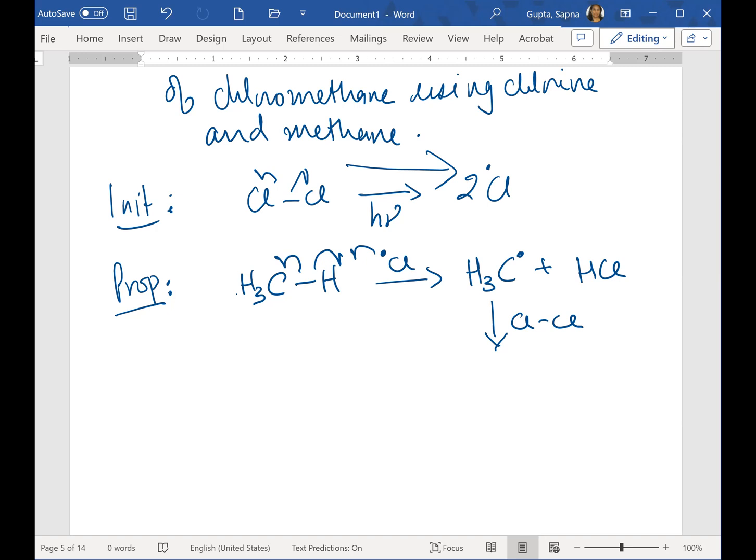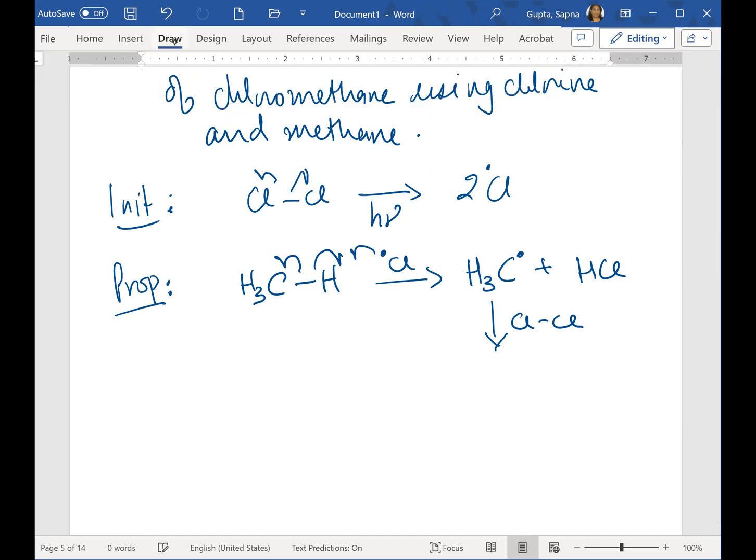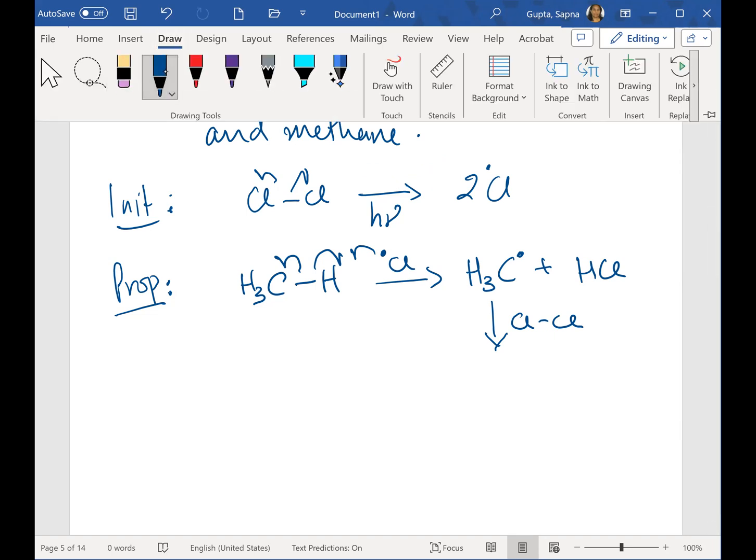Now the chlorine is going to become even more radicals, provided that you keep the light on. Provided that you keep the energy on, you're still going to get more radicals. And you need that energy anyway to do this reaction, so that is definitely going to be there until you're done with the reaction.